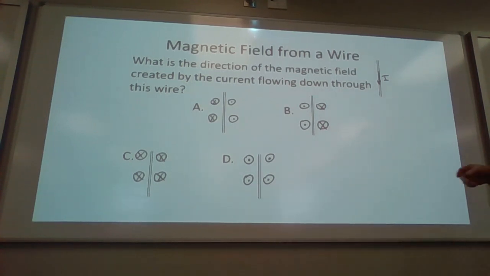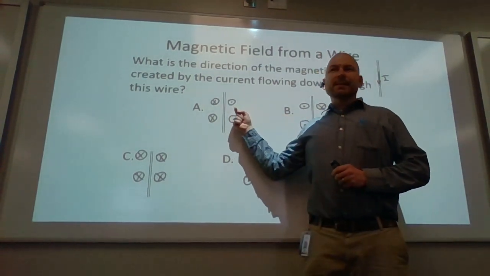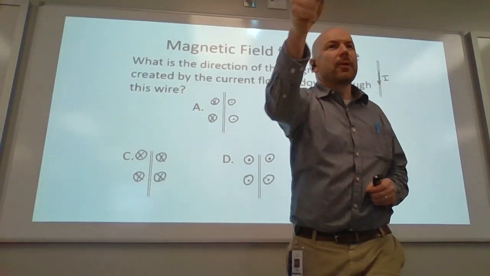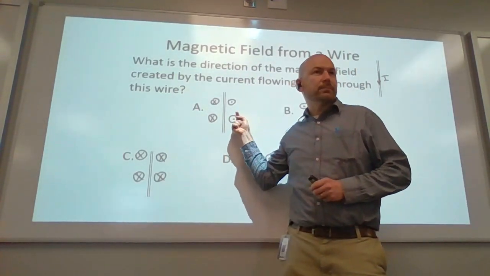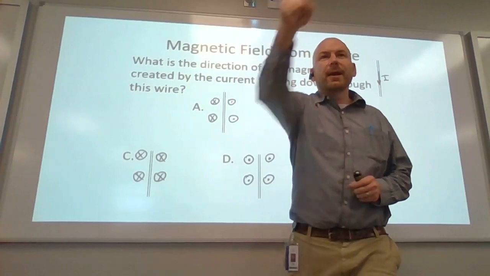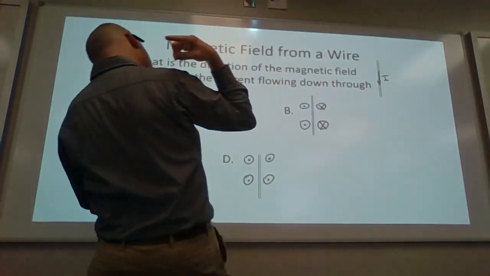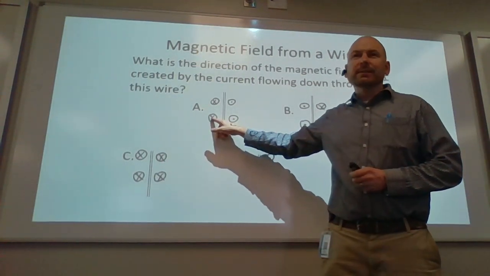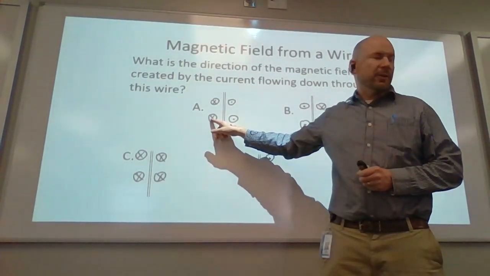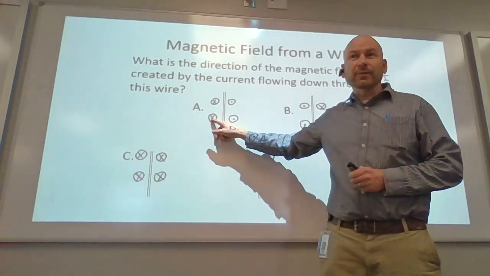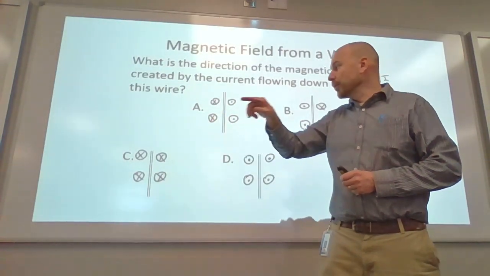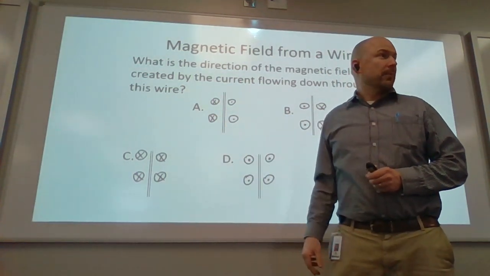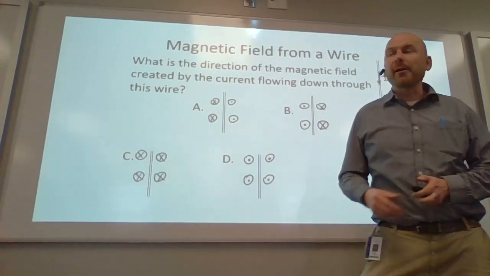A circle with a dot, coming out of the page at you, is the arrowhead. Out of the page, out of the board. The X is the tail of the arrow, the feathers, as it goes away from you into the board. Does that make sense?